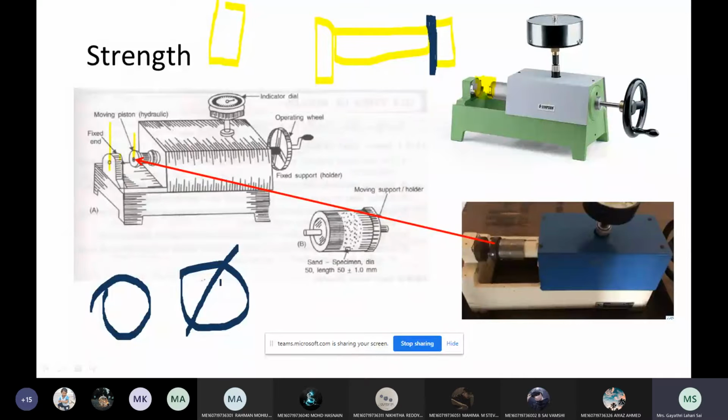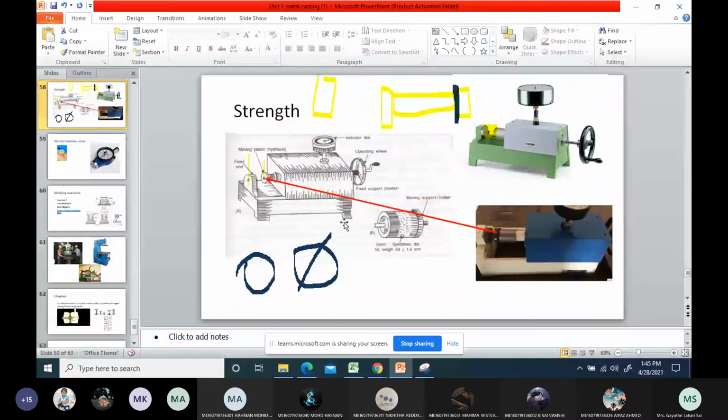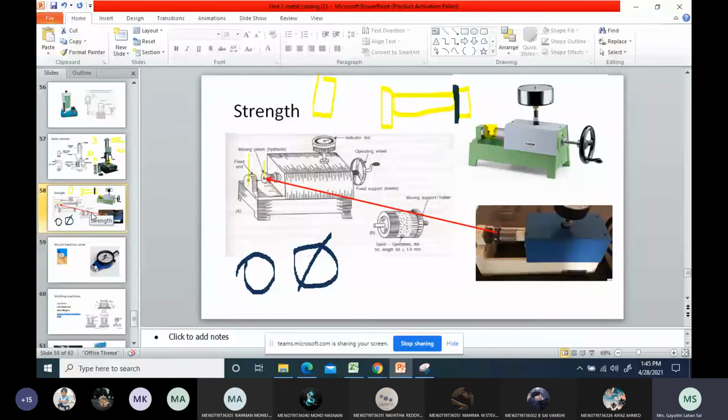So can I write these numbers there? I think I didn't write them. I will just write it. Please, all of you make a note of it. I'll write the corresponding value ranges for the green compressive strength, green shear strength, and dry compressive strength.